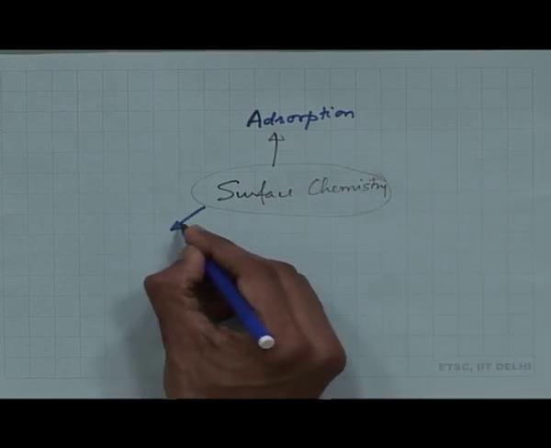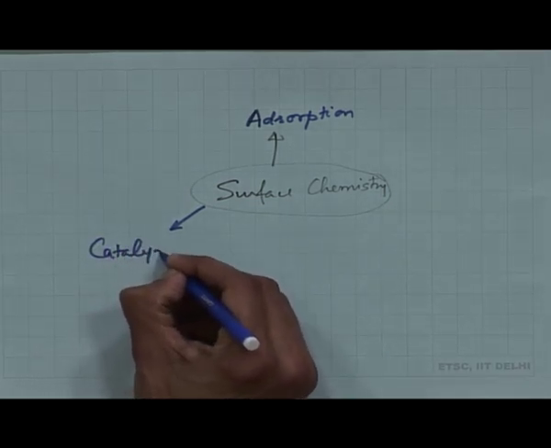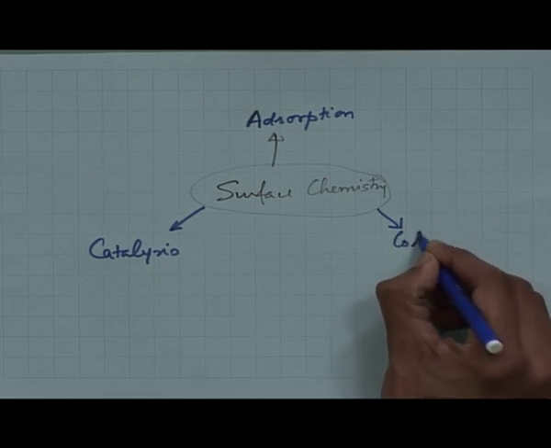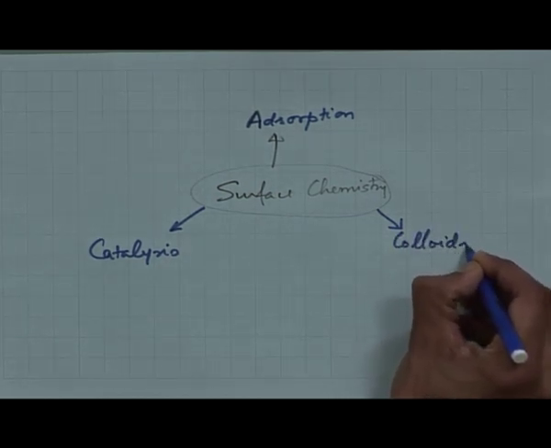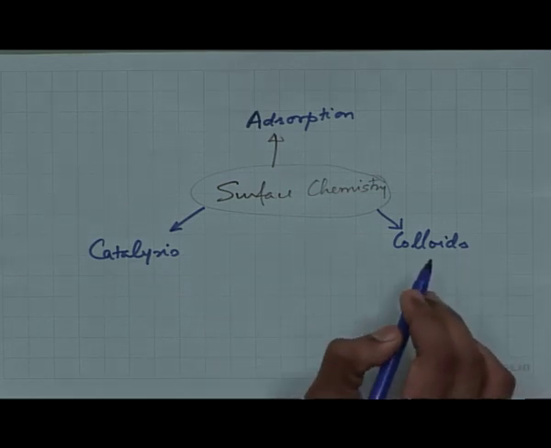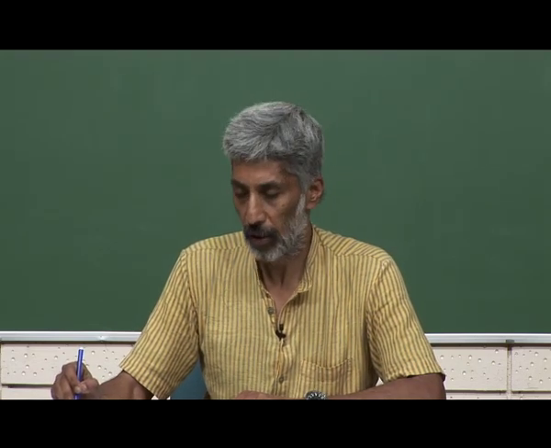Then we discussed one application of surface chemistry in catalysis, and we briefly discussed colloids and some of their applications. That constitutes pretty much the three major areas of surface chemistry which we have discussed in about 6 meetings. So, thank you very much.